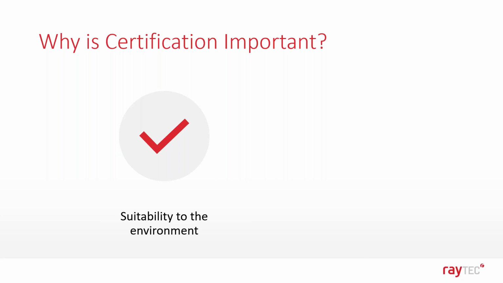This includes the top level certification, i.e. the zone, but also other criteria such as temperature T ratings or gas groups suitable for ignition risks that are present. Failure to select an appropriate luminaire could result in catastrophic consequences, which I'm sure everybody is aware of.